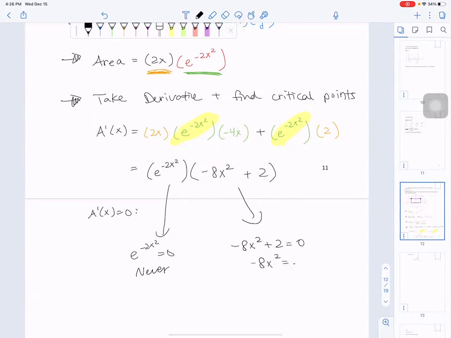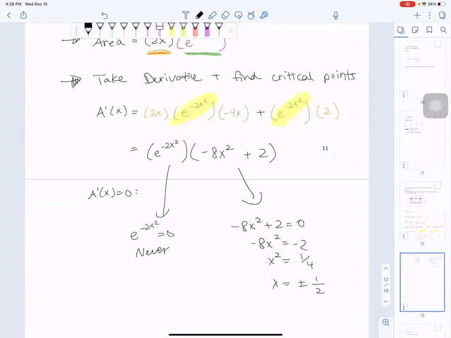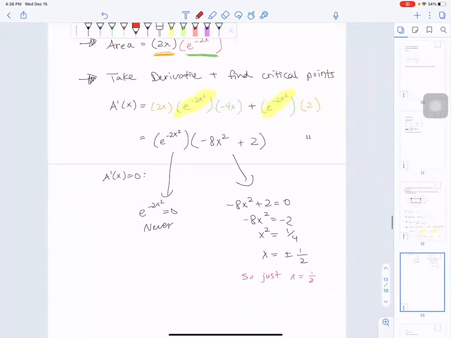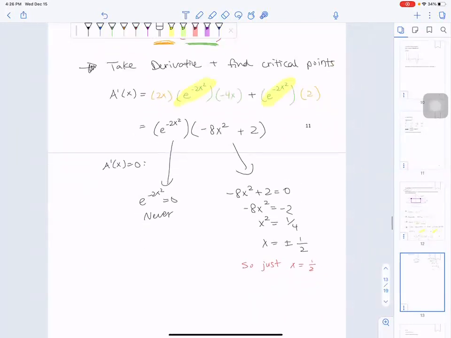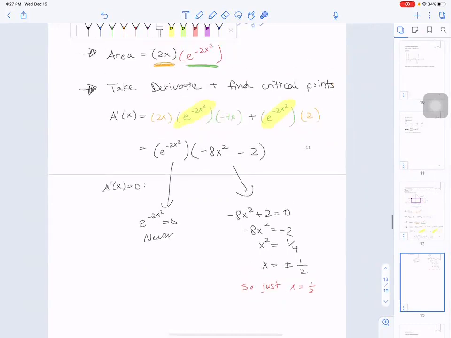If we subtract 2 on both sides, then divide by 8 on both sides, and take the square root, we get x equals plus or minus 1/2. But remember, we don't want negative lengths, so just take the positive one, x equals 1/2. So we just found our critical point, x equals 1/2.